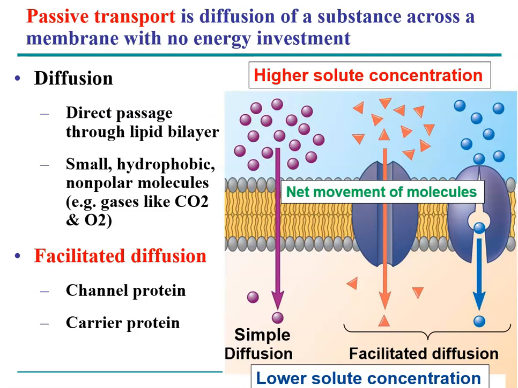They need the aid of a protein to do so. So these are types of facilitated diffusion, where you either have a channel protein, which would be the one represented in the middle, or a carrier protein, which would represent the one shown on the far right. I have a few examples coming up of channel and carrier proteins.